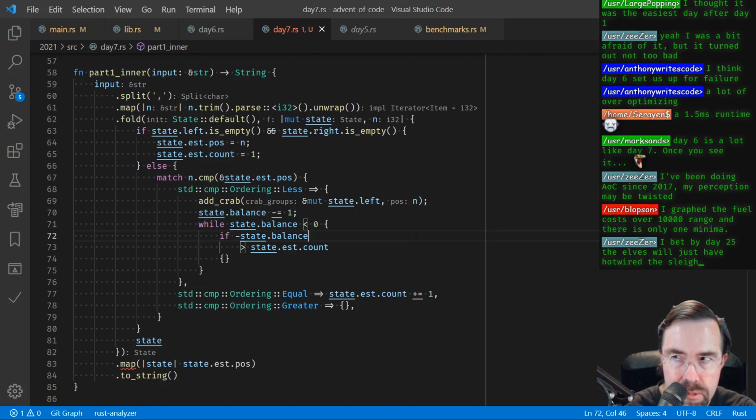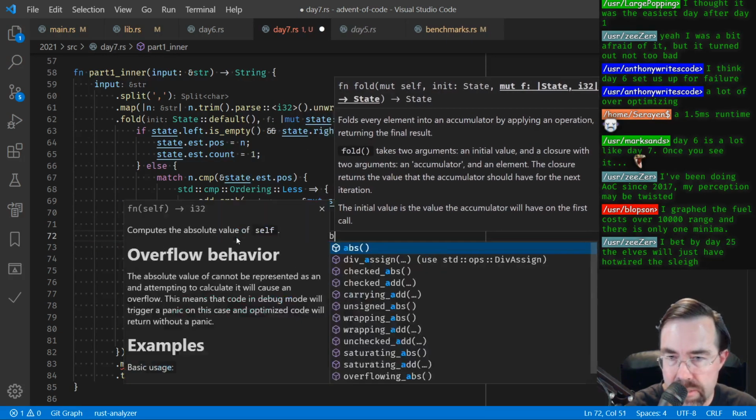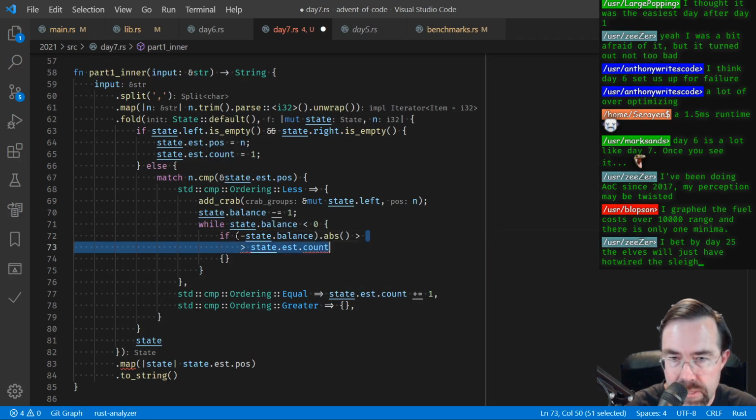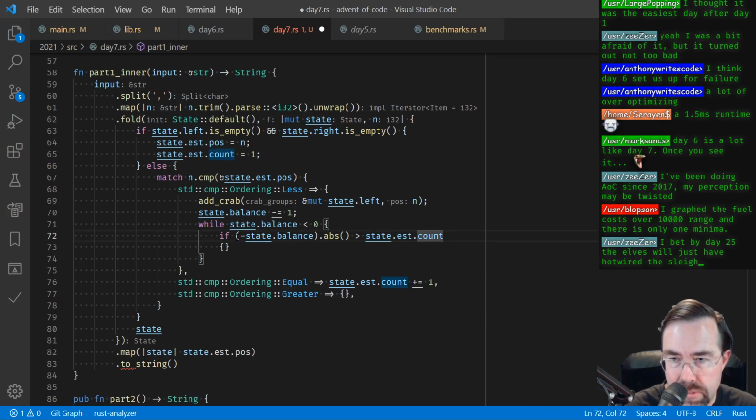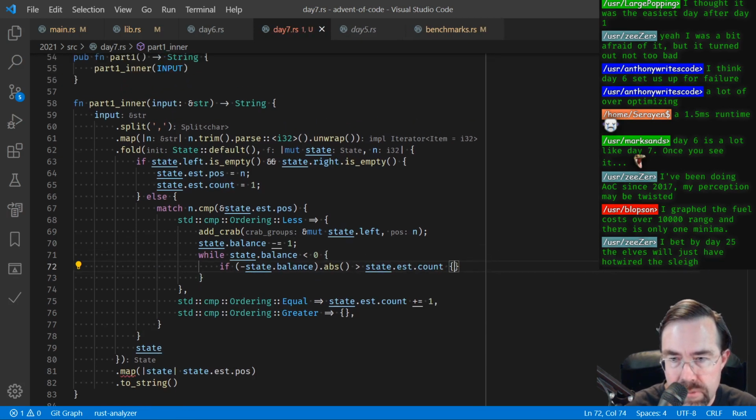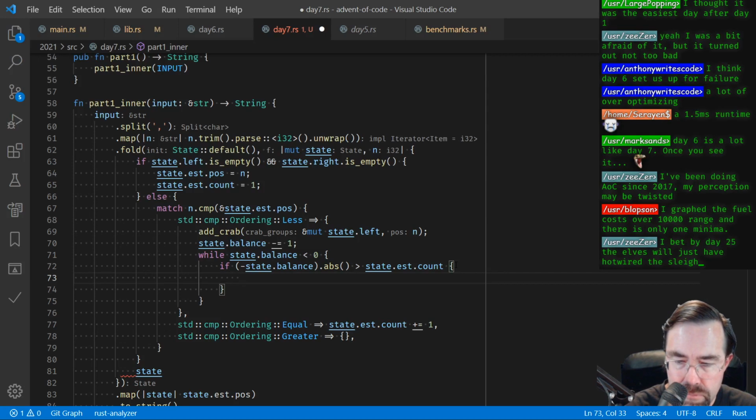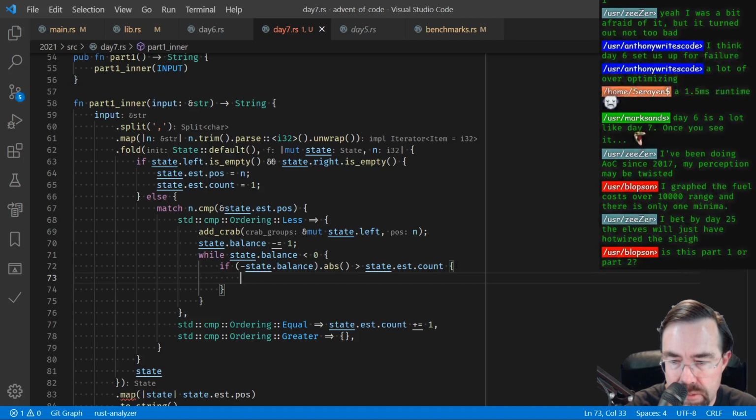But if there's two on the left and there's only one on our current estimate, we should throw it over to the right. So that would mean that if the absolute value of this balance is greater than the number of crabs that we have on our estimate, right? Then move it to the right. So the estimate's always going to be on one of the two ends, I think, to keep it balanced, right? I hope.